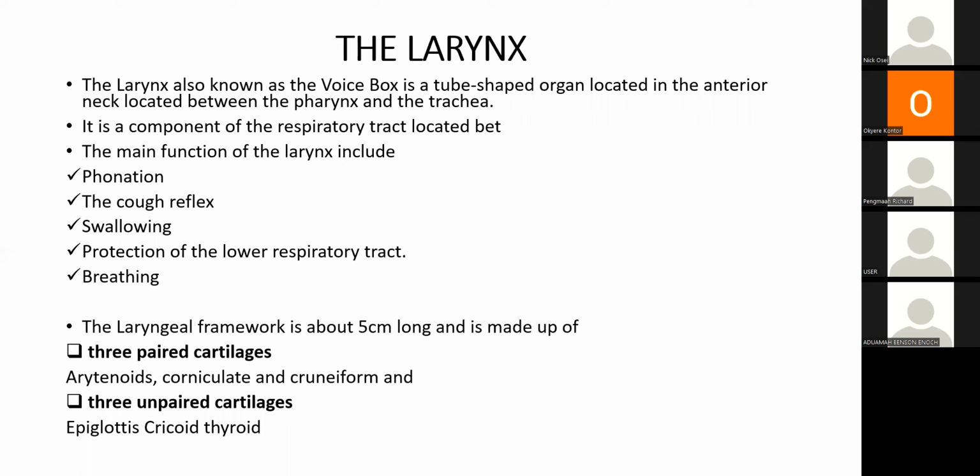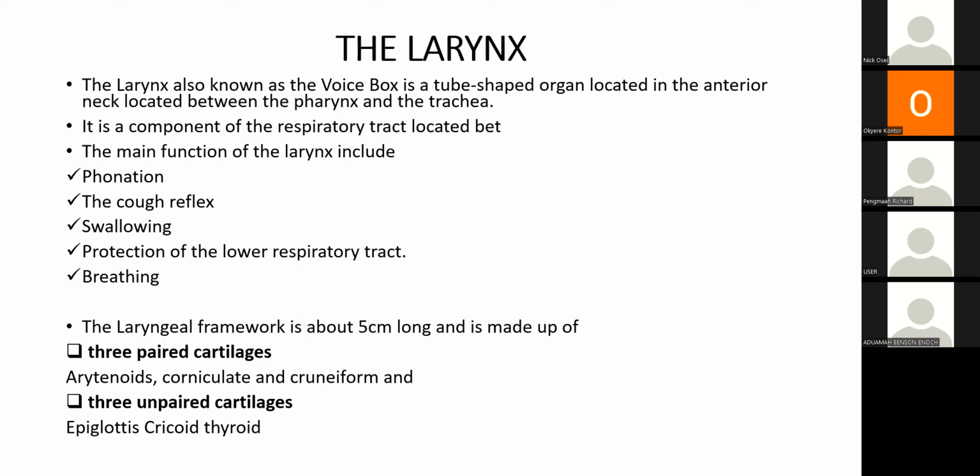So the 3 paired cartilages are the arytenoids, the corniculate, and then the cuneiform cartilages. So it means that we have 2 each of the arytenoids, corniculate, and the cuneiform.